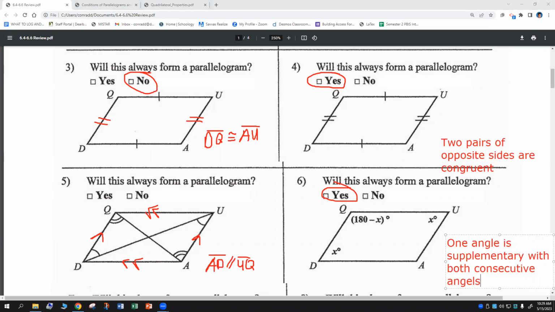Yep, these add up to 180. 180 minus x. So if this was 60, 180 minus 60 is 120. And if this is 60, U is 60. 180 minus 60, 120. So angle Q is supplementary with both angles.